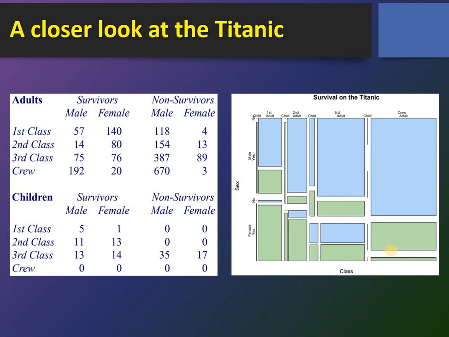But they're not going to be down in the bowels of a ship. 0. We also have 0 for my non-survivors, male and female, for first and second class. I got all of the first and second class kids out. And I can see that here for my first and second class. I see very, very narrow groups, and those are my dots. So here's a dot here. There's a dot there. There's a dot there. There's a dot there. So these graphs just tell us a whole bunch of broken down information. Okay?